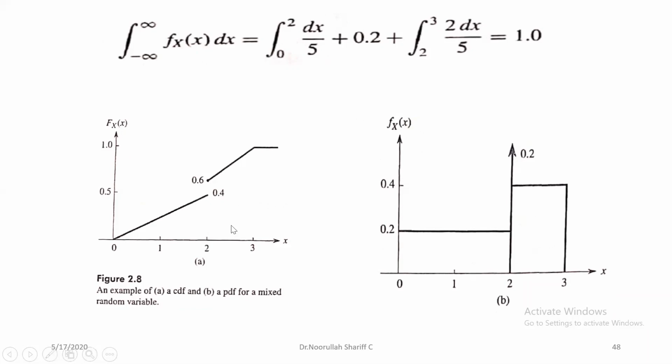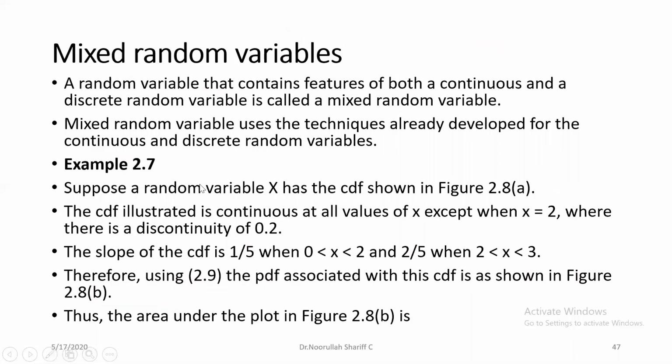Between 2 and 3. Then later it will be constant. 2 by 5 into x plus, again, I should write the discontinuity also. 2 by 5 into x plus 0.6 minus 0.4, that is 0.2. Okay, 0.2 should also be written. Maybe we will try to write it with the delta x. Okay, so that's the way we have to write it.